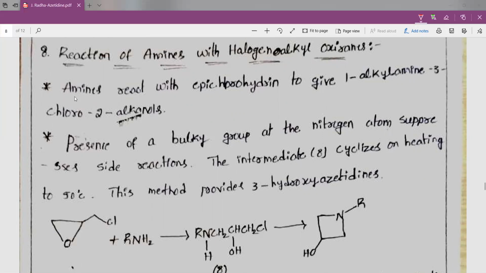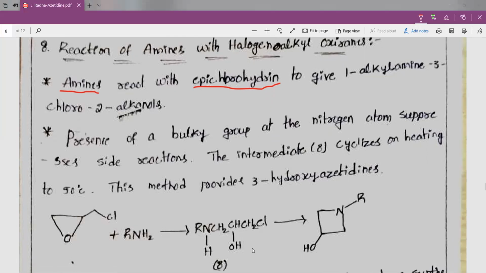Amines react with epichlorohydrin to give 1-alkylamino-3-chloro-2-alkanols.